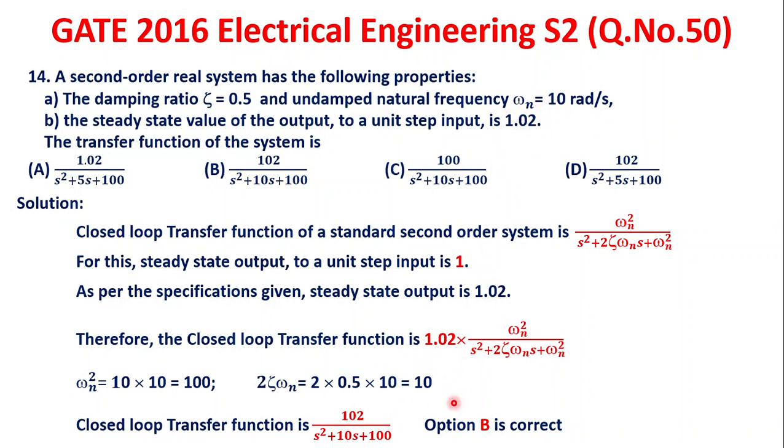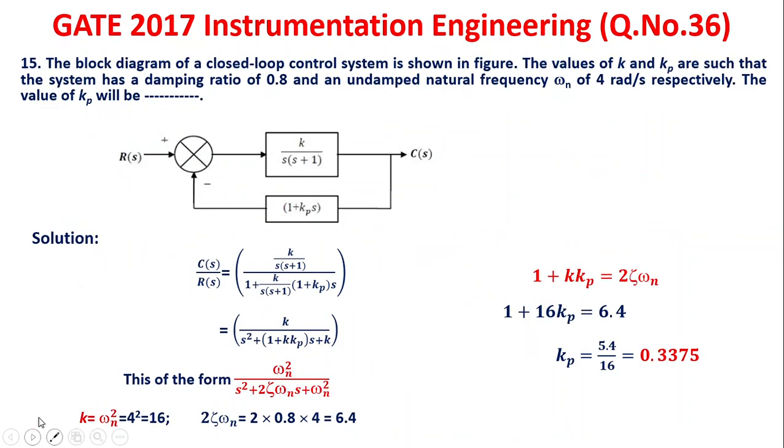If it is not there, then we could have taken it as 100. Therefore, this fits into this option. Some of the people may get confused with this. We should not take this because steady state value is 1.02. If it is 1, it would be simply this. That is the difference. See how simply we have done it.